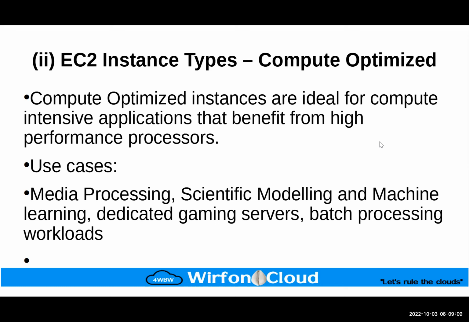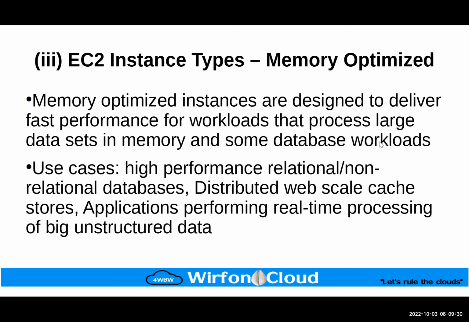We've all been hearing a lot about machine learning. Those are kinds of computations that need high processing power. You have gaming and you have batch processing workloads. This is for the compute optimized type of instance.